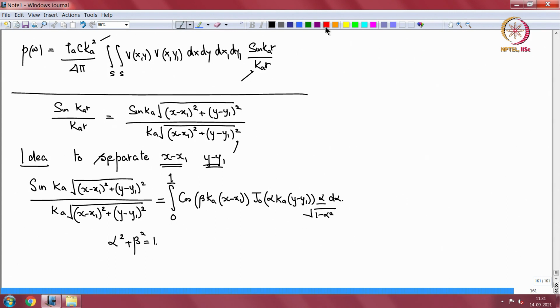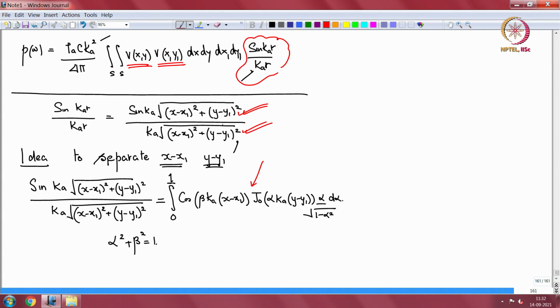Okay, so now this is going to be replaced by this. Why is that? Because this is a simply supported plate, so x function and y function are separated. However, it becomes a problem here because x minus x1 and y minus y1 are peculiarly related here.